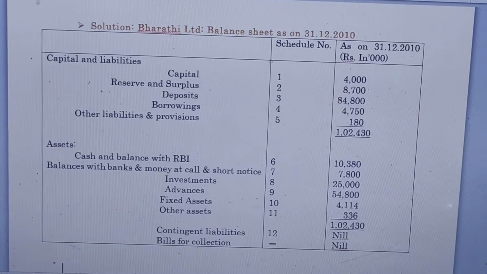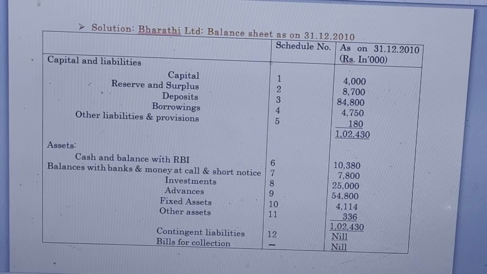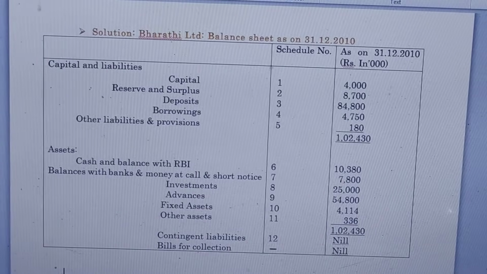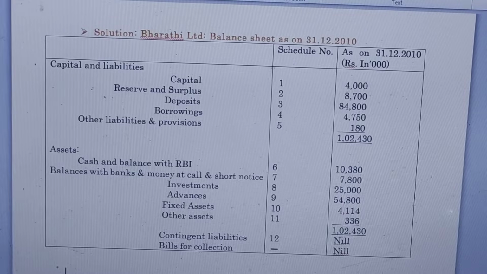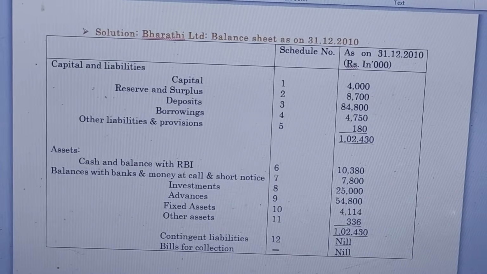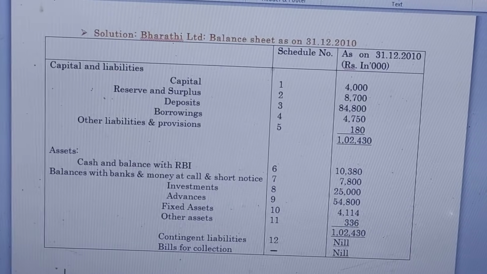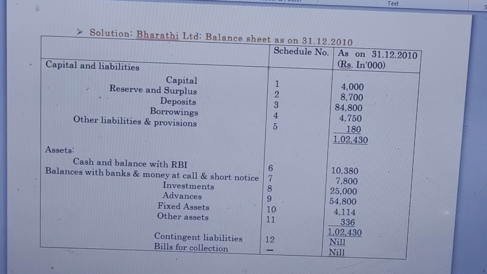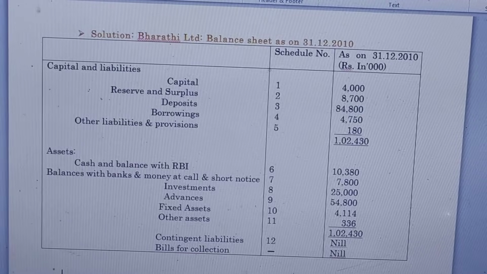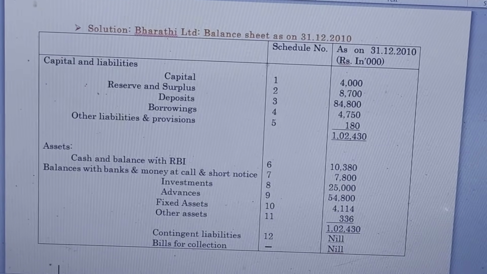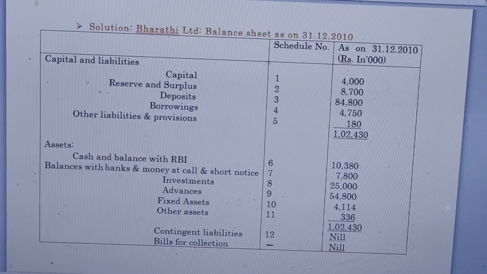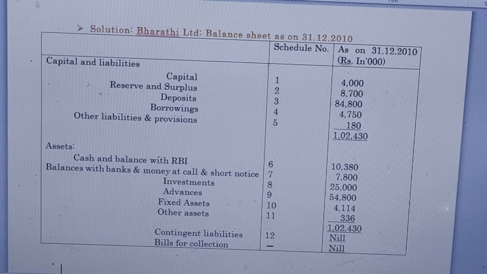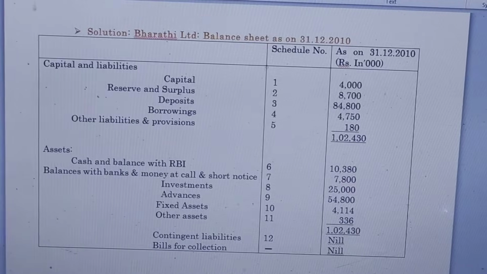Reserves and surplus is the schedule number 2 heading, so we mention it in the particular column, and 2 in the schedule number column. The schedule number 2 total is 8,700. Schedule number 3's heading is deposits, mentioned as 3 in the schedule number column, and its total is 84,800, which we have already calculated.